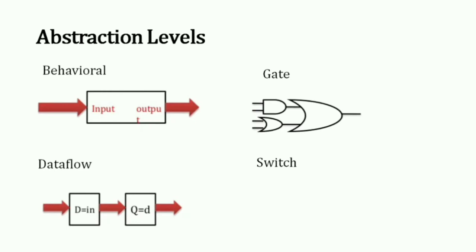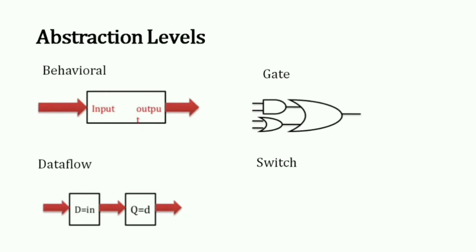In this example, the picture is showing three gates. One is an AND gate and the other two are OR gates. The outputs of the AND gate and one OR gate feed into the other OR gate. The AND gate and the OR gate each have two inputs.